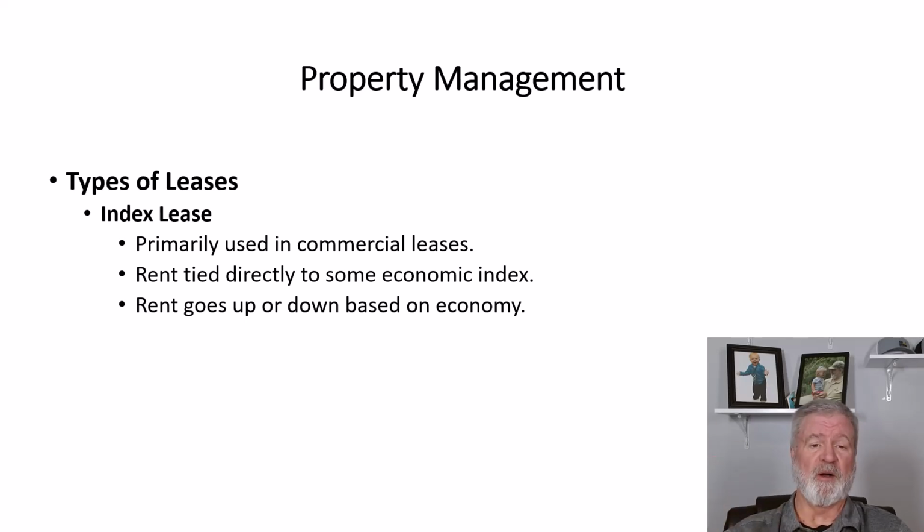But on the flip side, if it comes down, then your rent will obviously come down as well. So the nice part about an index lease is it's pretty much tied directly to how the economy is doing at that time. But anyway, what's it tied to? Some economic index, usually the consumer price index, whatever that CPI would be.